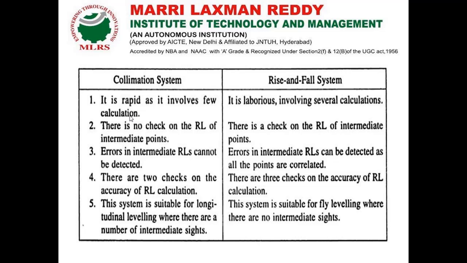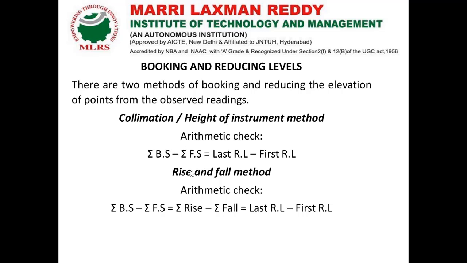Fourth one, there is only one check on the accuracy of RL calculation. This is our arithmetic check, that is sum of backsight minus sum of foresight readings should be equal to last RL minus first RL.